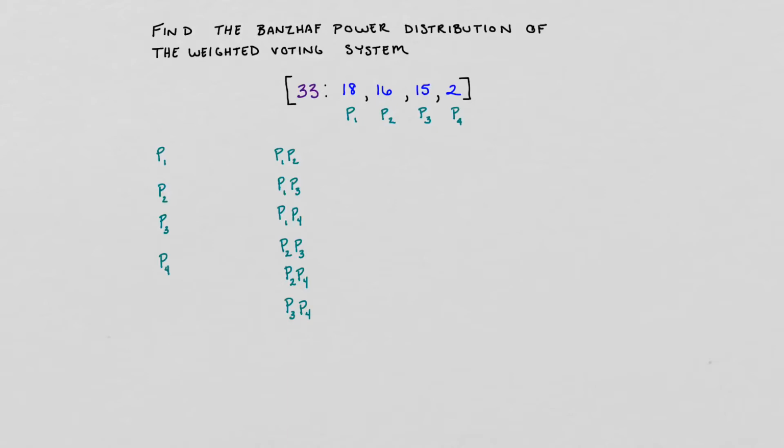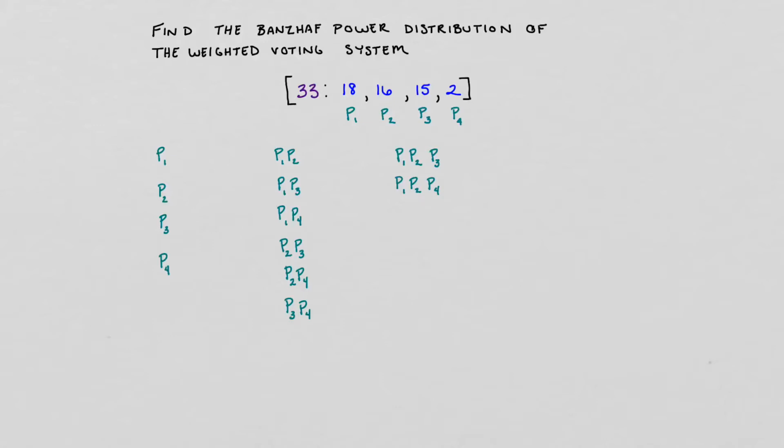And finally, if I move to player 3, the only other player that I have not paired player 3 with is player 4. Now we're going to go one more step and look at trios, so groups of 3. So player 1, player 2, player 3. I'm going to hold the first 2 players fixed, and then I'm going to create a new trio of player 1, 2, and 4.